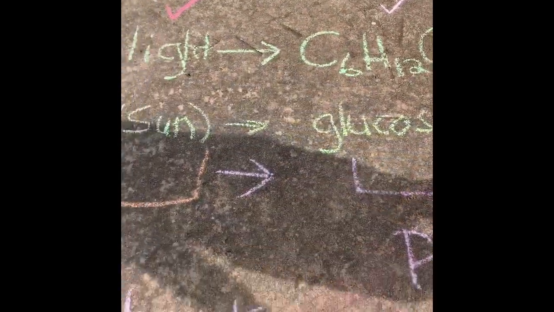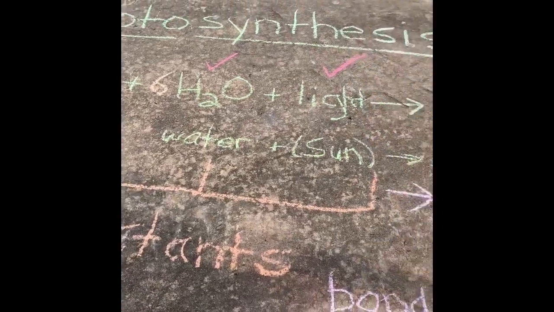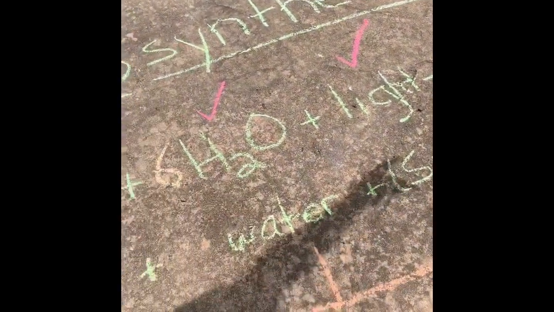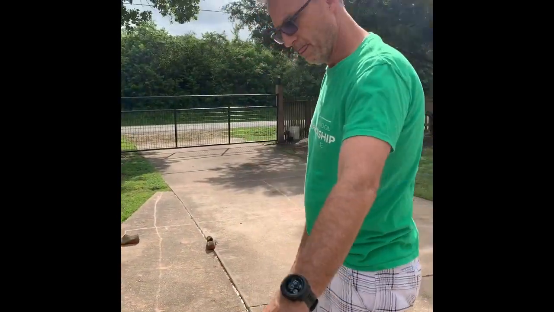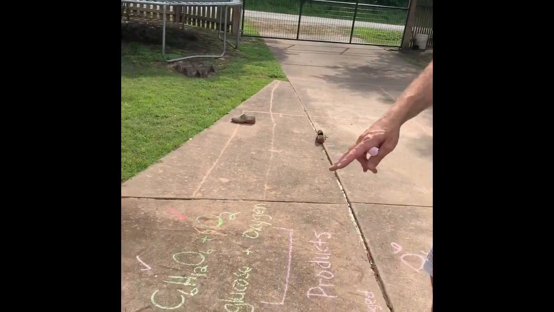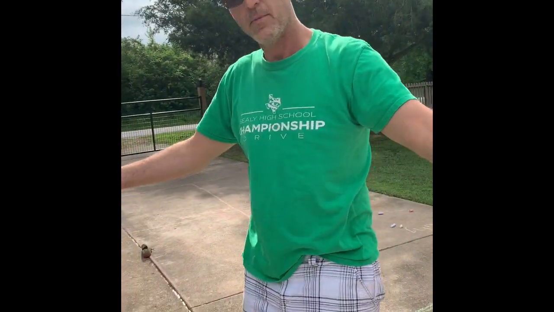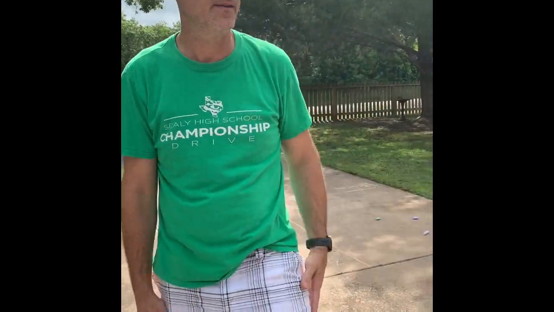And you can check my math, 6 C's over here, 6 C's over here, 12 hydrogens over here, 12 hydrogens over here. A total of, let's see, 18 oxygens there. Total of 18 oxygens there. Biochemistry, it's a beautiful thing.